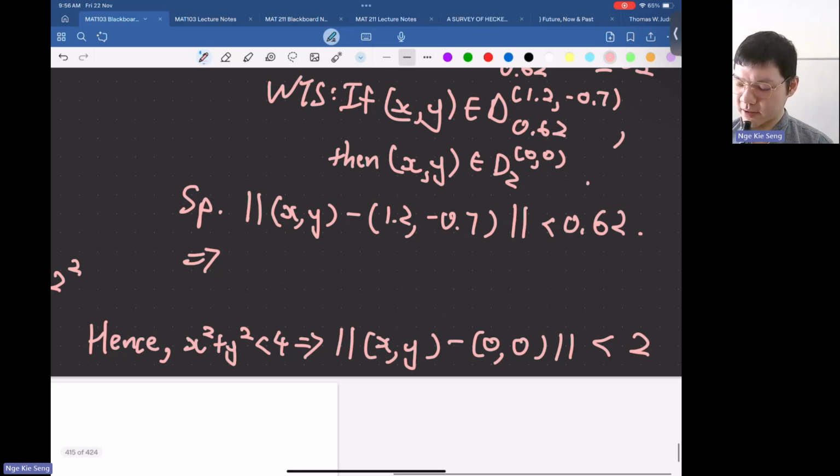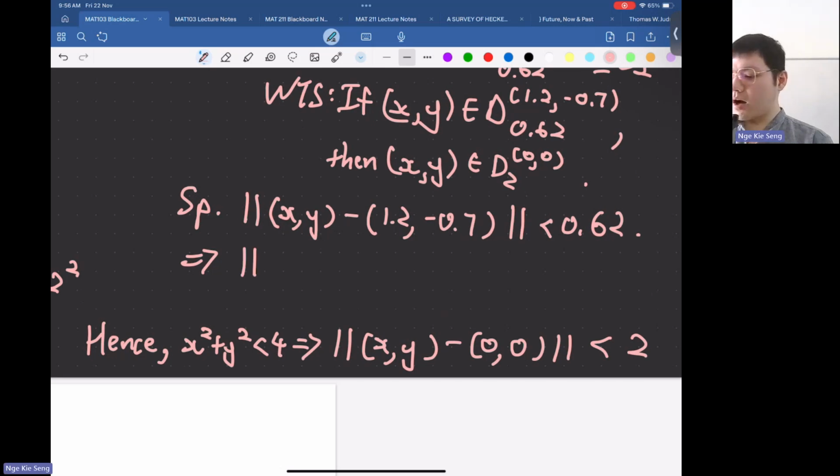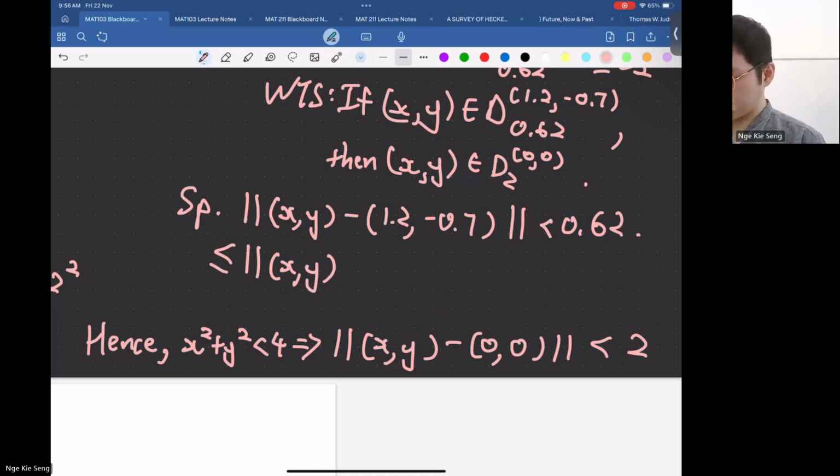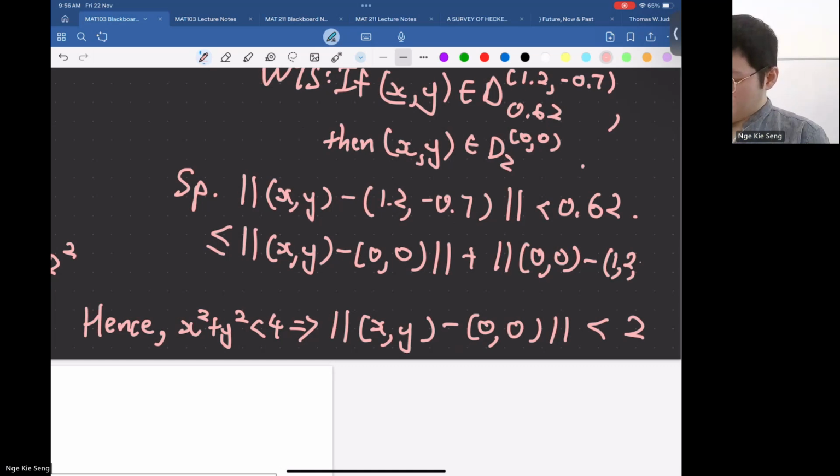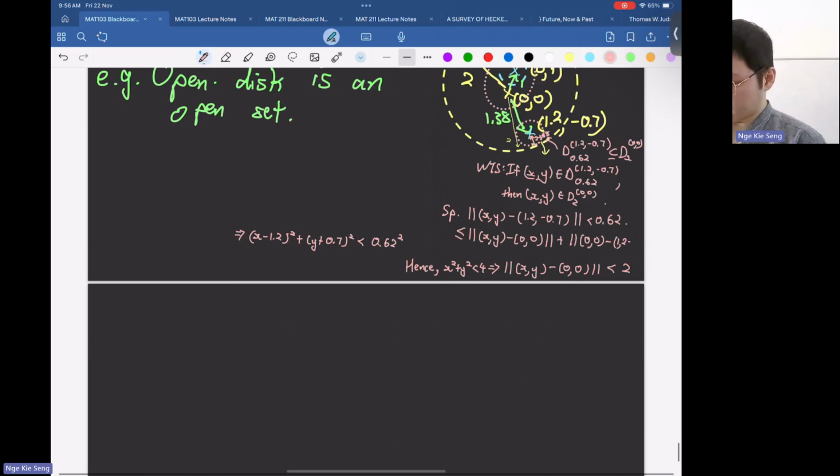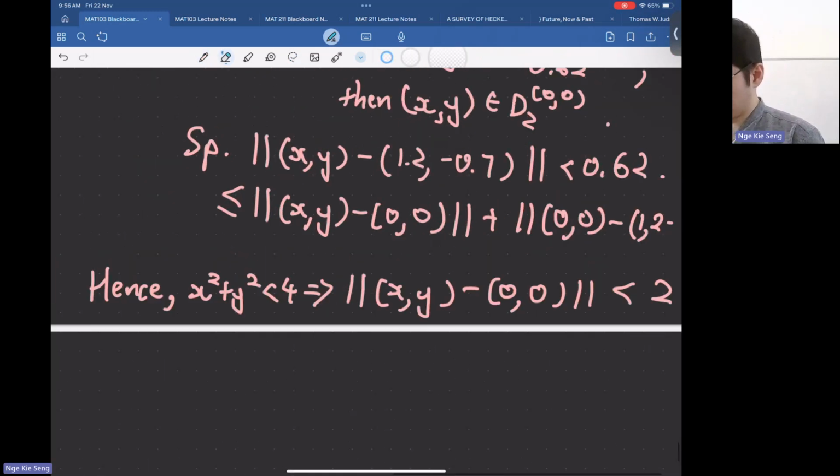The length of (x, y) minus (0, 0). 我想我们需要重写这个，because we should start anew.